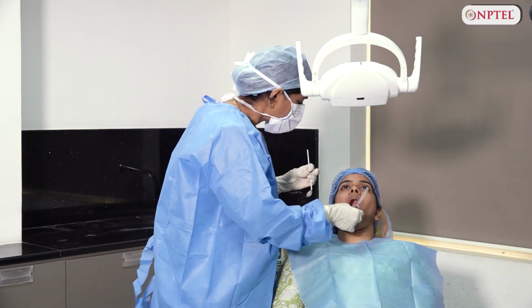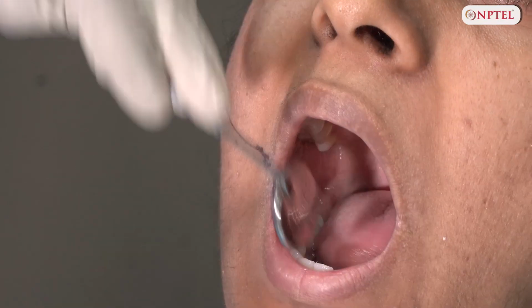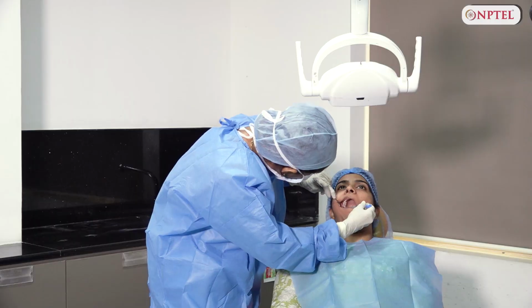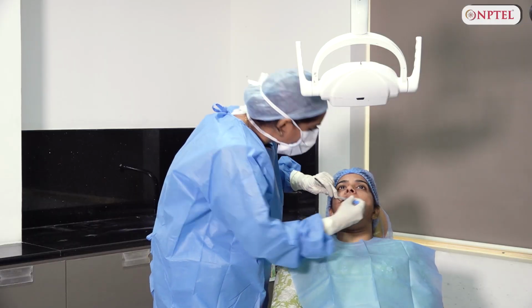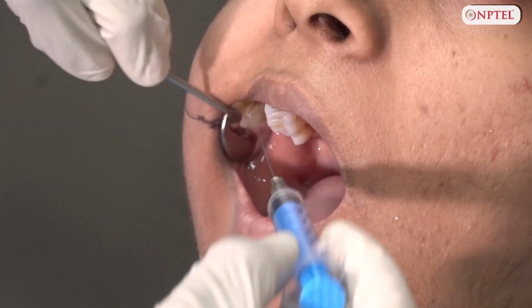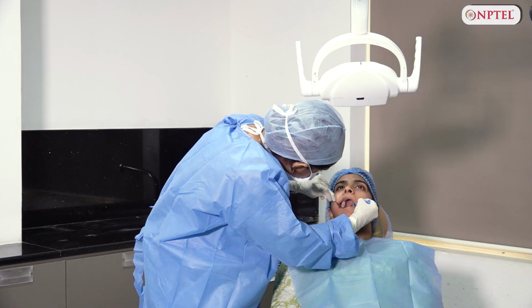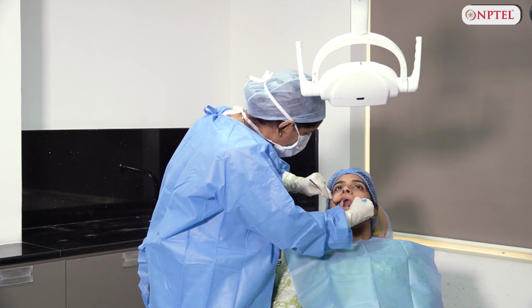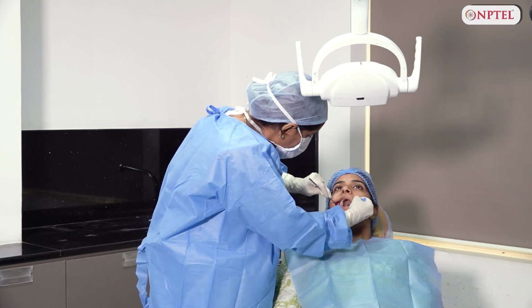So, once the patient has opened her mouth at maximum, identify the mesiopalatal cusp of the second molar and the point of entry of the needle. The point of entry of the needle is just distal into the soft tissues of the mesiopalatal cusp of the maxillary second molar.